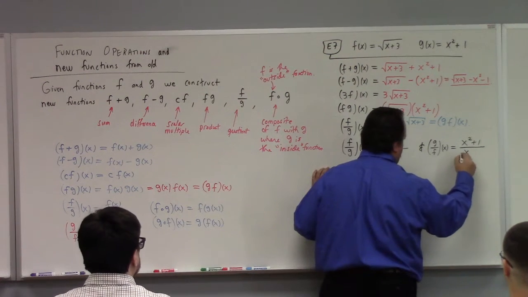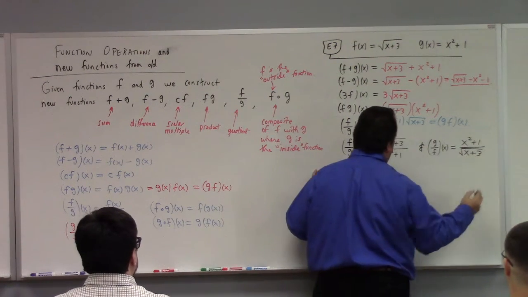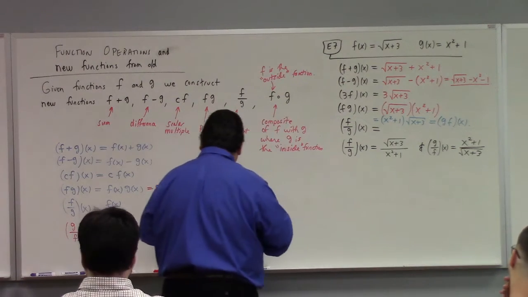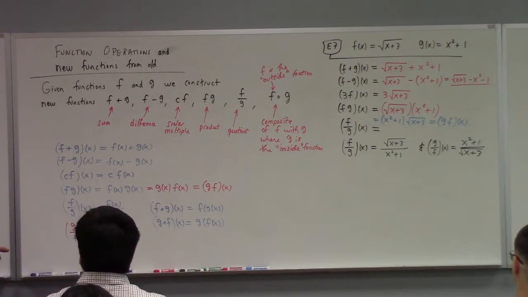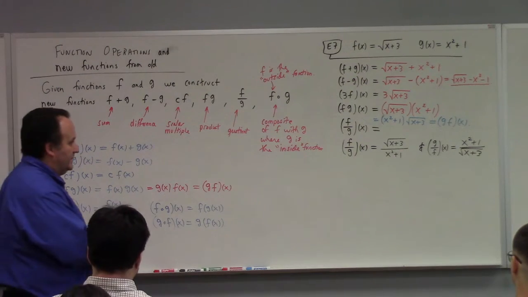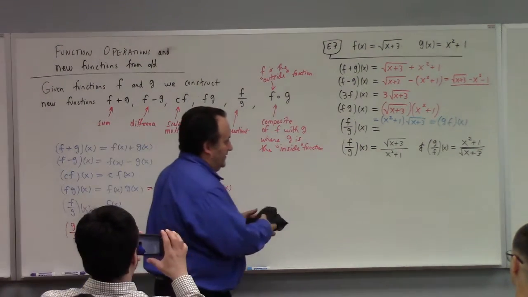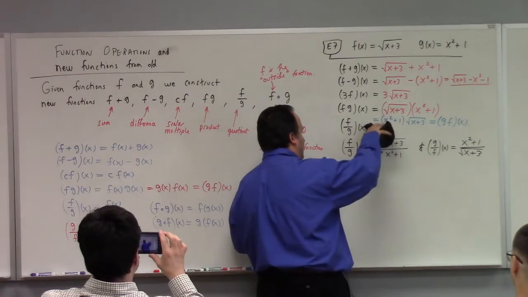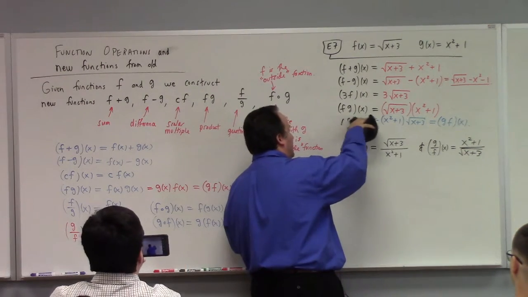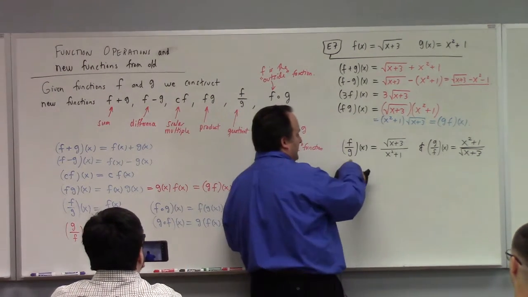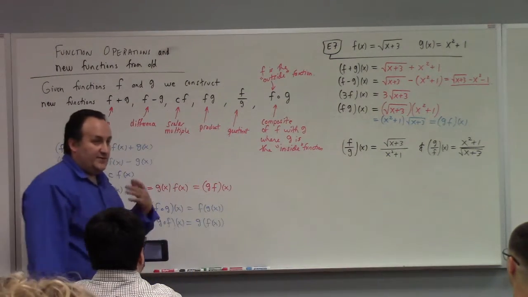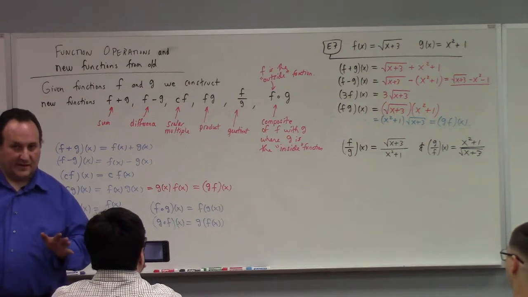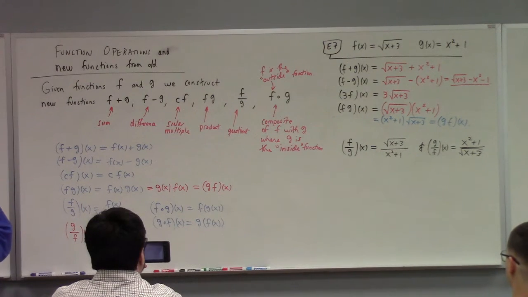Now, something I haven't emphasized yet here, but perhaps I should, is that there are strings attached to these formulas, especially the quotient one, right? Because in order for the quotient to be defined, what do we need about g of x in the first one? We need g of x to be non-zero, right? Division by 0 is not allowed. Still not allowed. Wasn't allowed on test 1, still not allowed now.